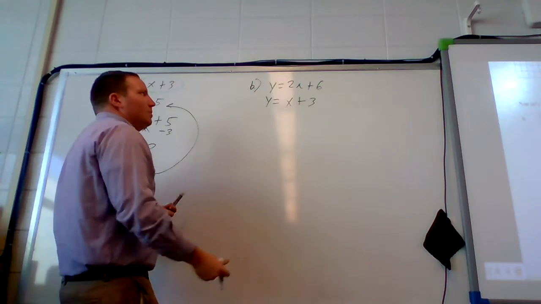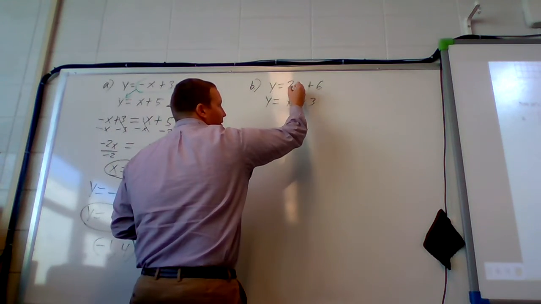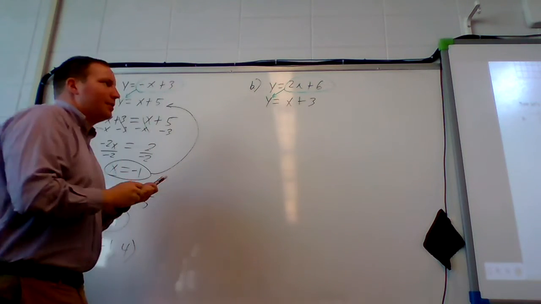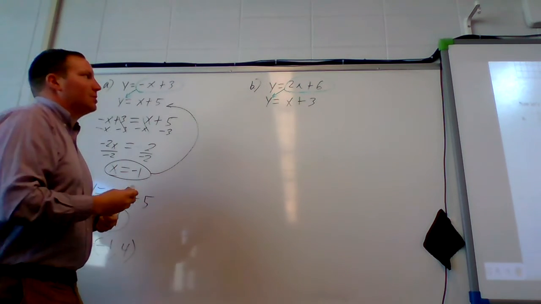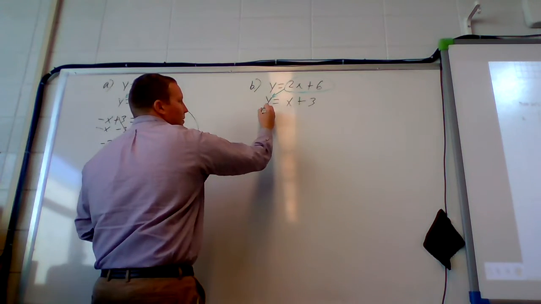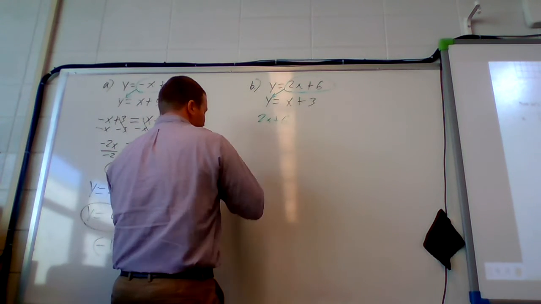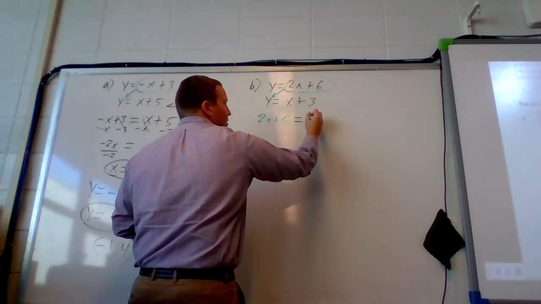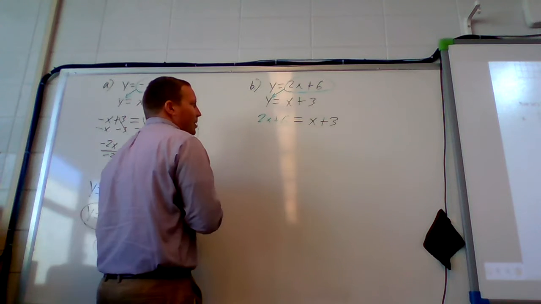I can take one of these, whichever one I want, and I can take what it's equal to and substitute it into the other equation. So I'm going to take 2x plus 6, and I'm going to plug it in for this y here. So I've got 2x plus 6, and the rest of the equation, I leave the same, equals x plus 3.